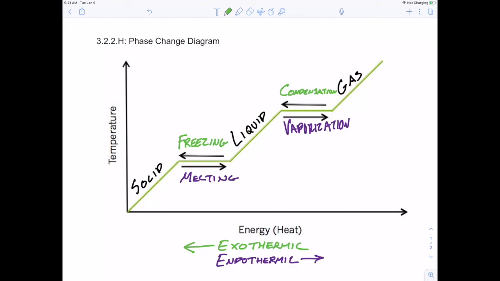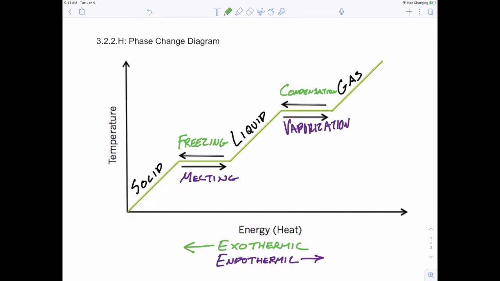That is because you reach the melting or freezing temperature, and then the boiling temperature. During those times when they're going through that phase change, all of the energy that you are adding to the matter is not causing a temperature change, but instead is causing the phase change to happen.